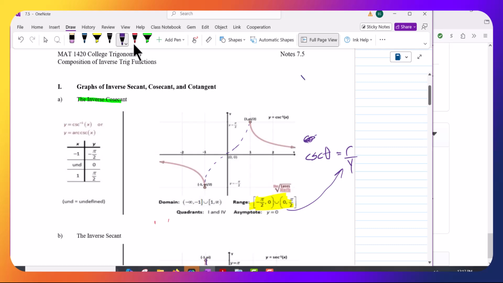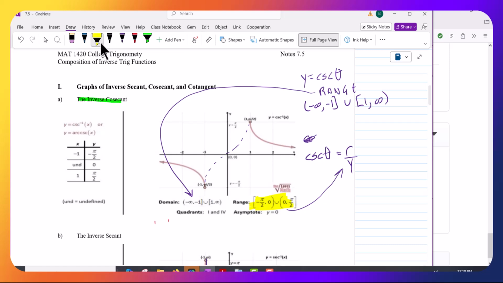If you're looking at y equals cosecant of theta, the range, remember the way the range works, is numbers larger than 1 and numbers smaller than -1. And when you're dealing with an inverse, the range turns into the domain of its inverse. So notice that's where this comes from, okay?